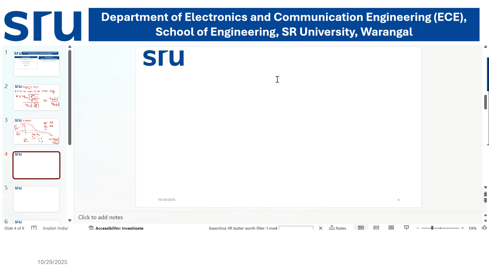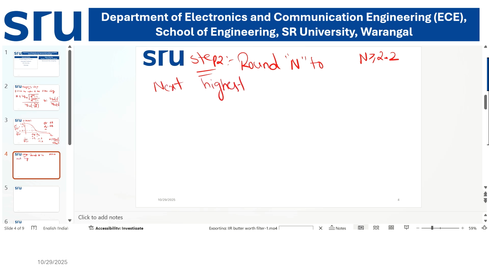Now step number 2. Suppose from step number 1 you got n greater than or equal to 2.2. So you have a fractional number. Filters cannot have a fractional order, so step number 2 is rounding the n value from step 1 to the next highest integer.